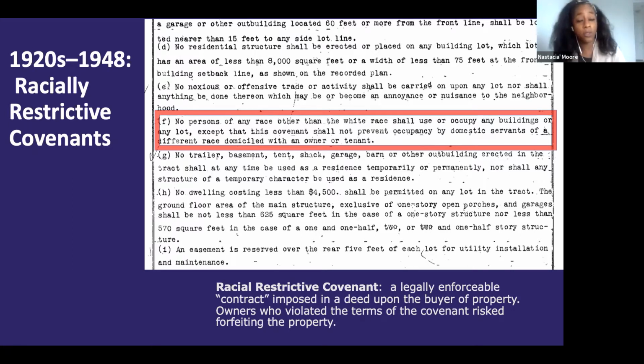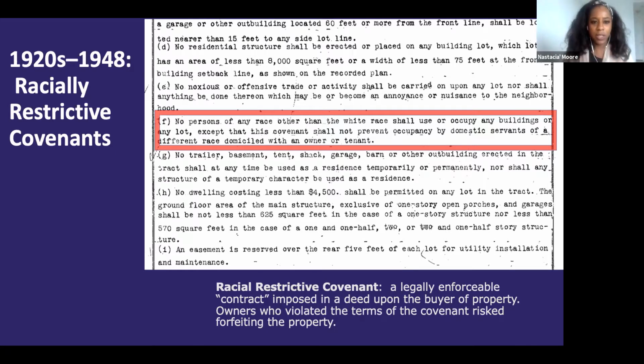White homeowners were legally prohibited from selling to Black, Indigenous, people of color and other historically marginalized groups. Because if they did so, they would violate the restriction. They could be sued, they could be held financially liable. And so these restrictive covenants stuck around for a long time. Even today, you will probably see something similar like this in old property deeds.